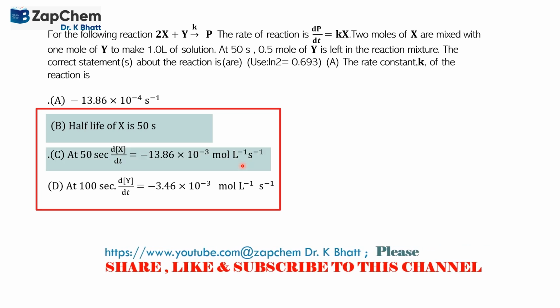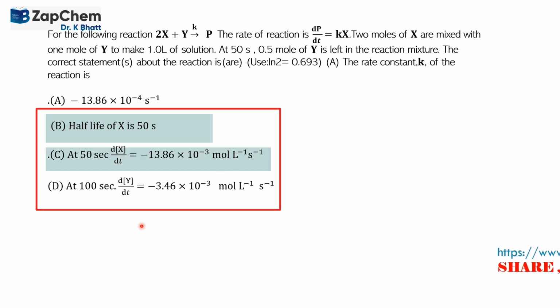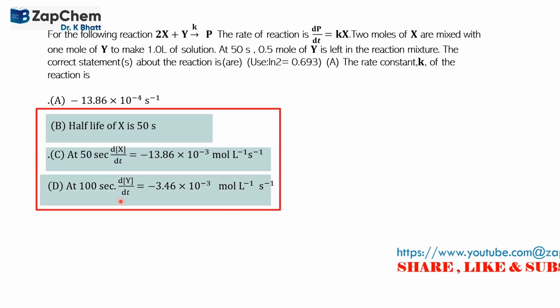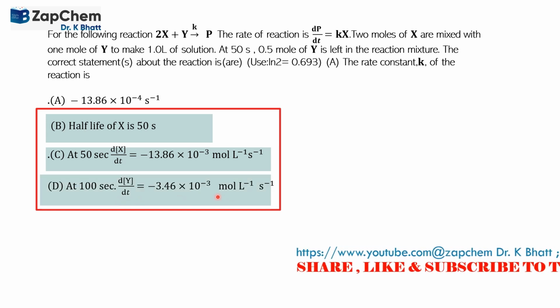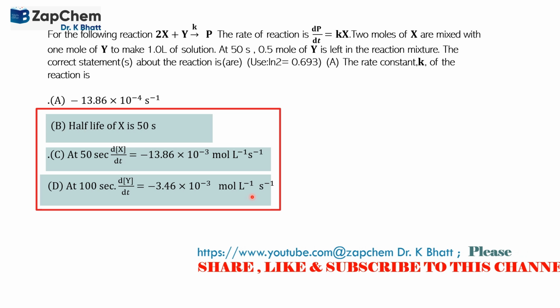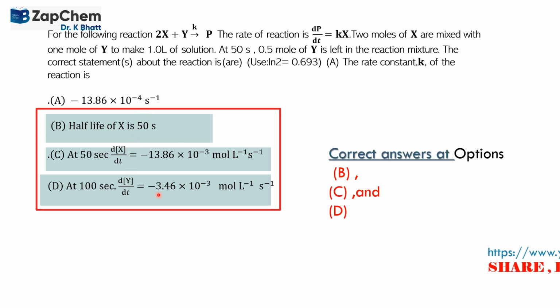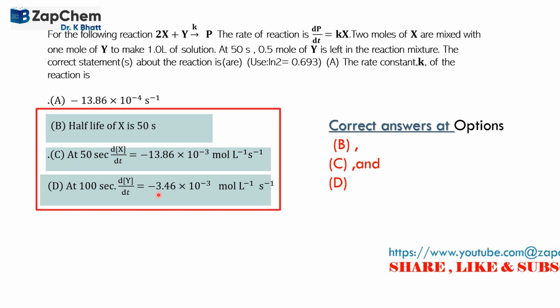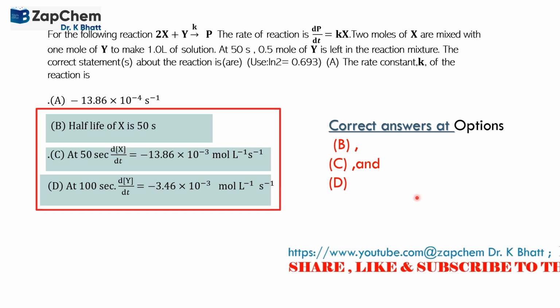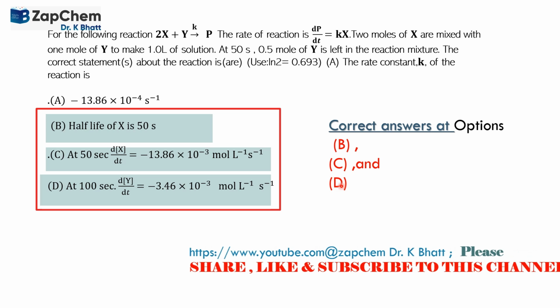And dy/dt at 100 seconds will be minus 3.46 into 10 to the power minus 3 moles per liter per second. So options B, C, and D are correct. So that's the right answer. Okay, I suppose you must have got it.